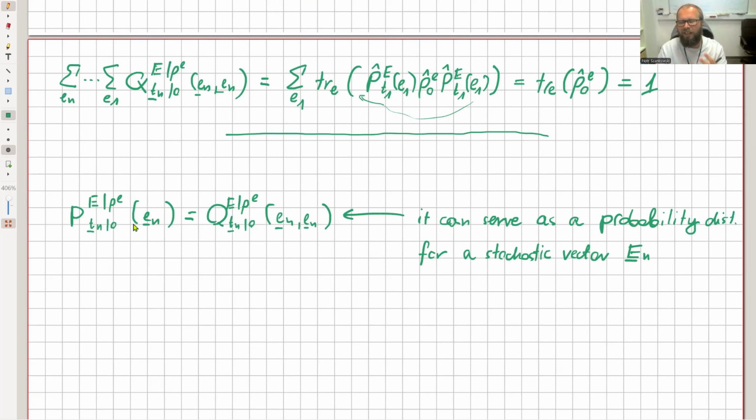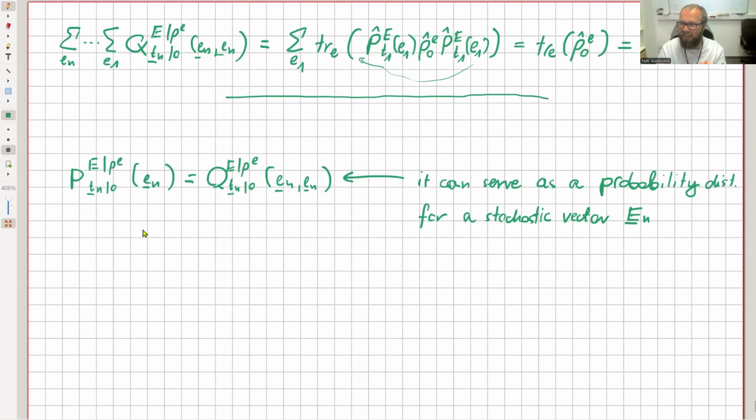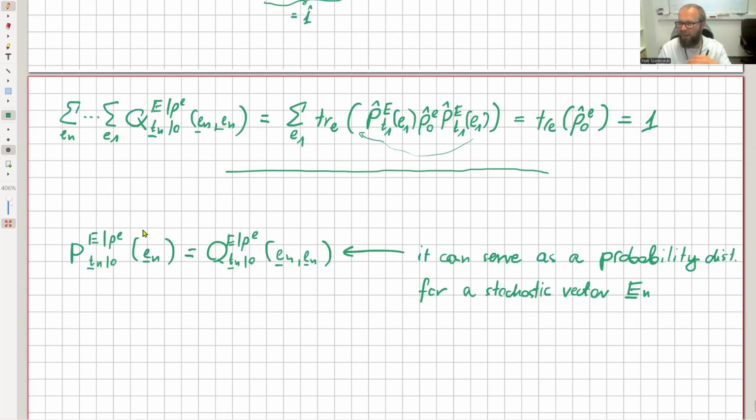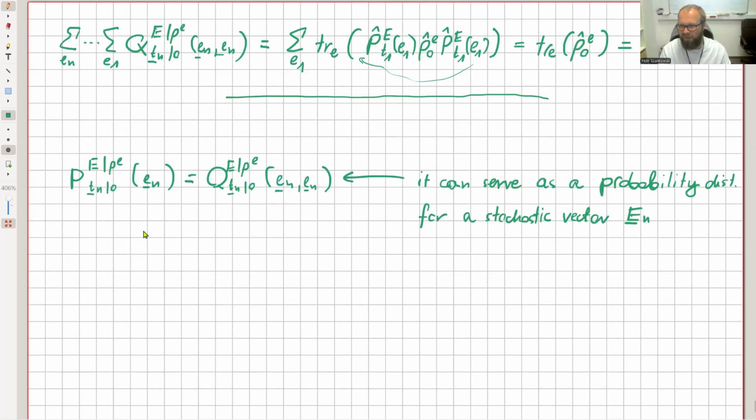Being a probability distribution is not enough. You need another thing, which we introduced back in one of the first lectures on stochastic processes. For this family of multi-time probability distributions to represent a sampling of a stochastic process, they also have to satisfy this consistency condition.